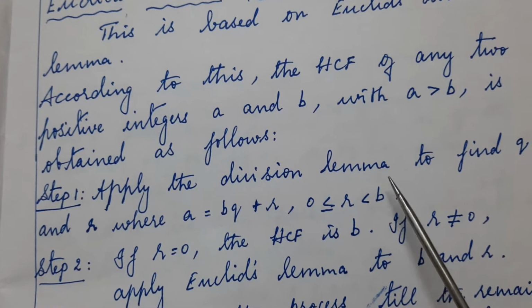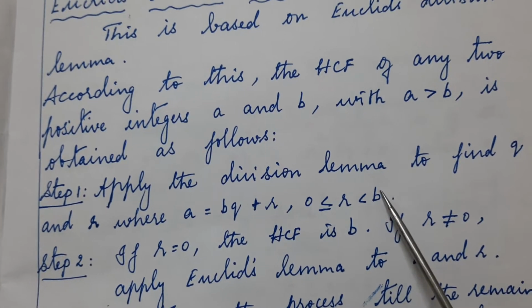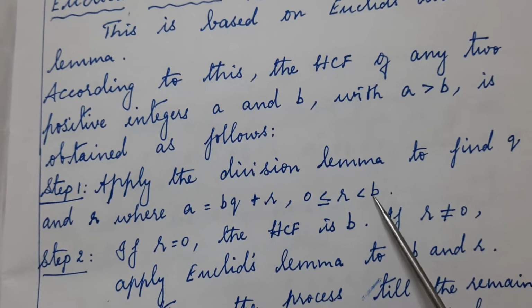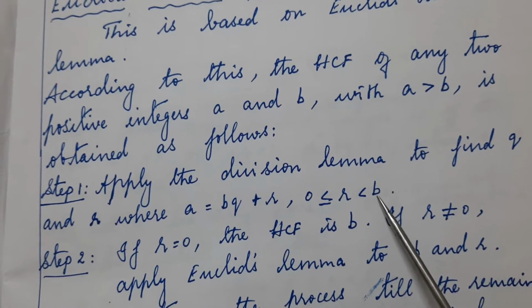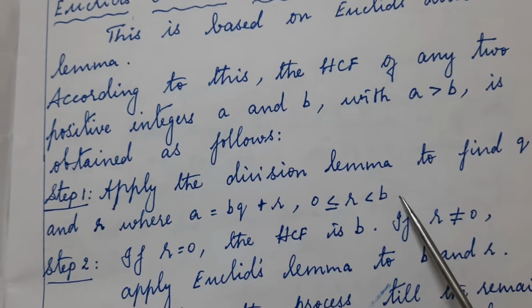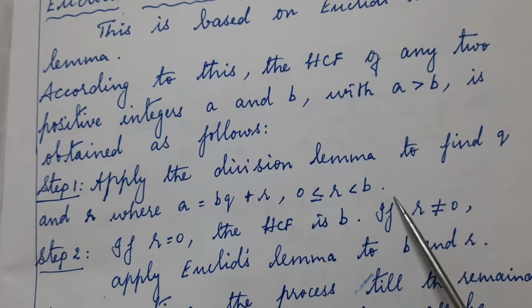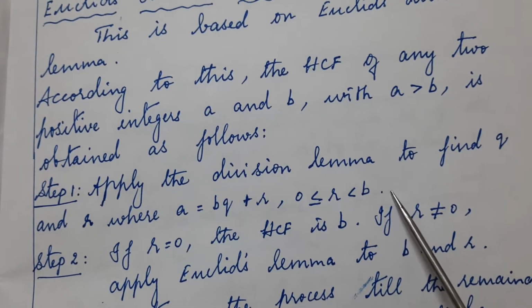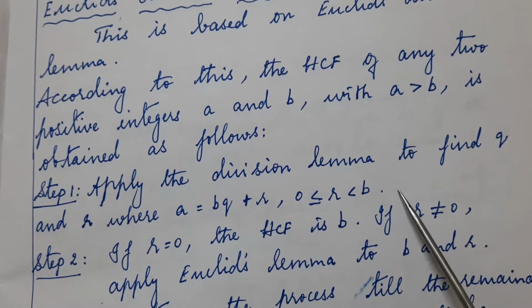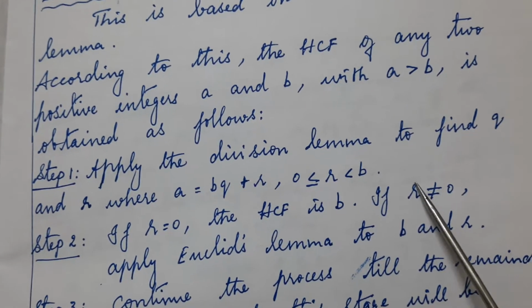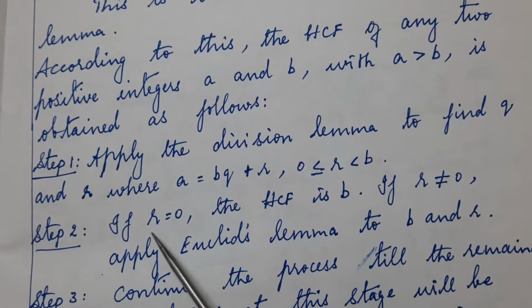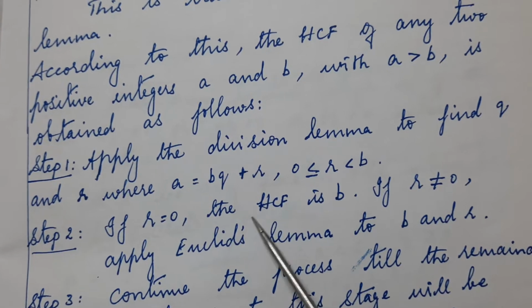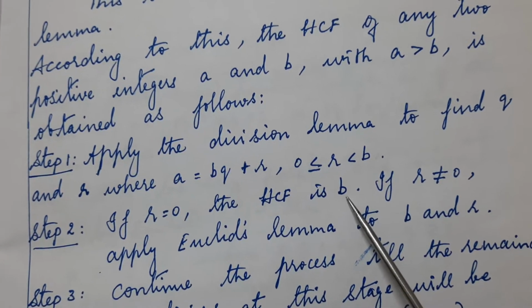Now in this, when you find the HCF of two numbers, when you get the remainder as 0, then you have to stop. Then at that time, the divisor what you get will be the HCF. If the remainder is not 0, you have to continue till you get 0. So step 2 is, if r = 0, the HCF is b, that is the divisor.